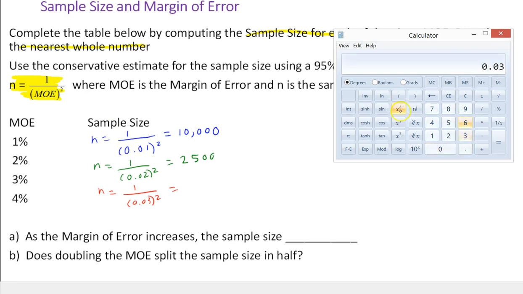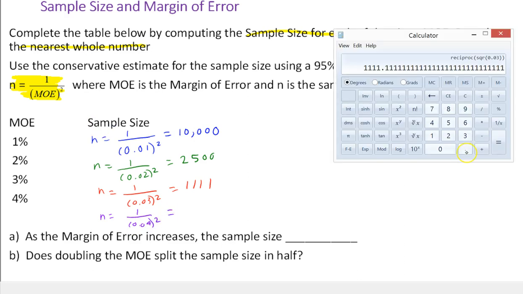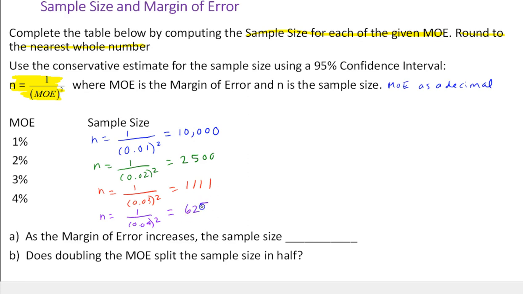So we will take 0.03, square it, reciprocate, and we'll round to the nearest whole number, which is 1,111. And finally, with 4%, 1 over 0.04 squared. And we'll take 0.04 and square it, reciprocate the result, and we have 625.